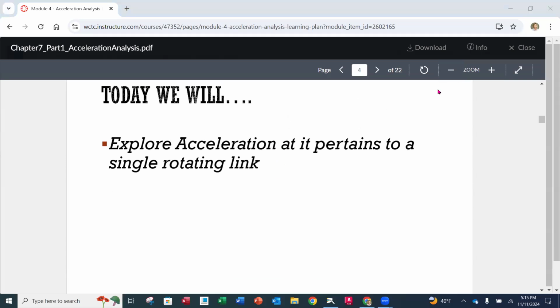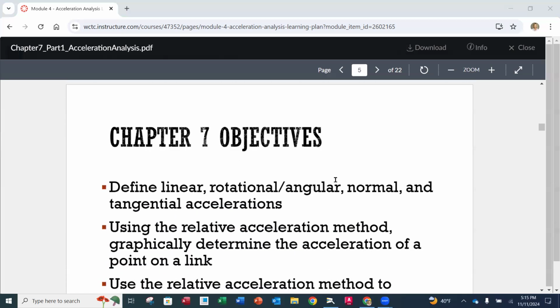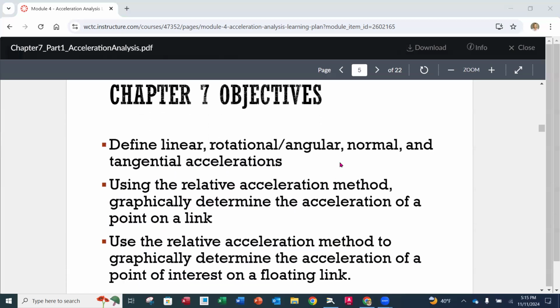Excellent. So today we're going to explore acceleration as it pertains to a single rotating link. If you remember how we divided up our velocity chapter, we're doing the same thing here. We first started with a single link rotating with velocity, and now we're going to do that very same thing with acceleration, and then build on that the next time we get together with things that build on that.